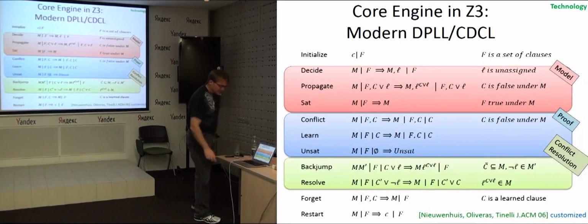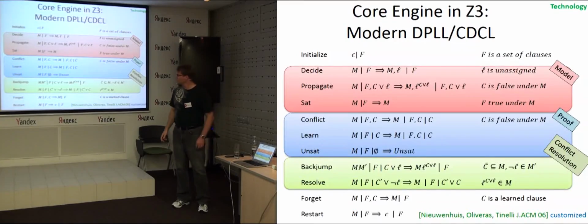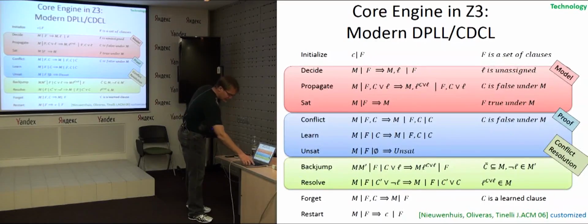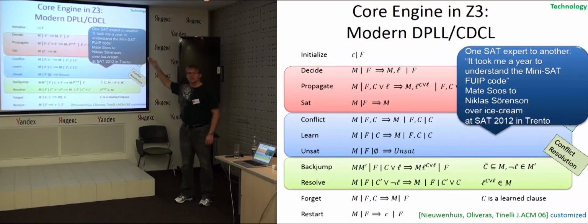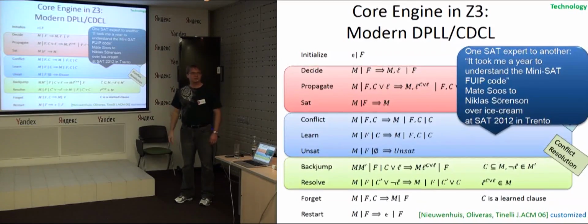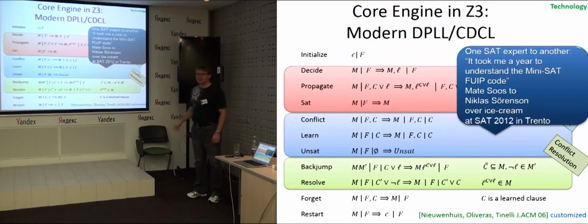So this is actually the modern SAT solver in one slide, and the only thing you should understand from this is that you can give a one-slide description of what modern SAT solvers do in a nutshell. Nevertheless, it can take years for experts to really grasp what's going on.